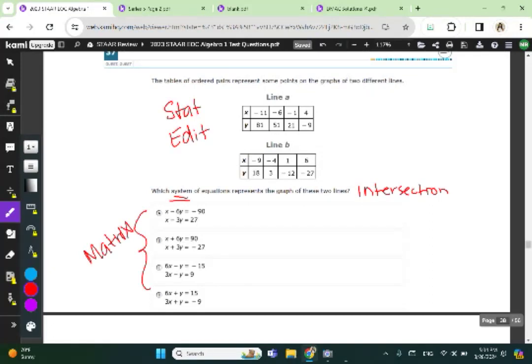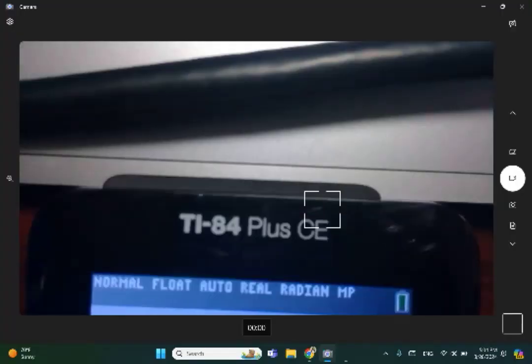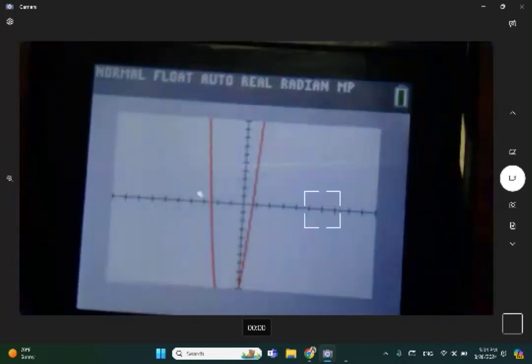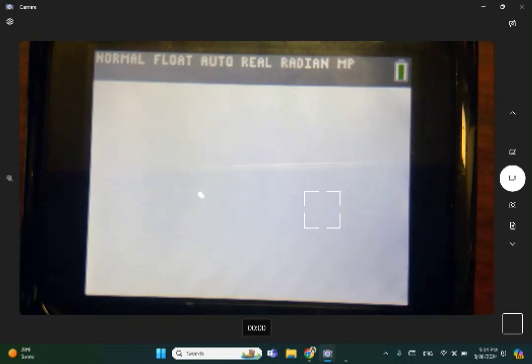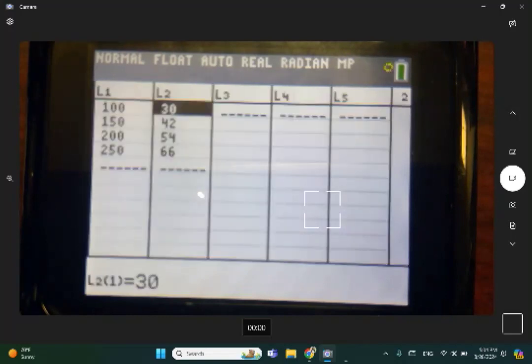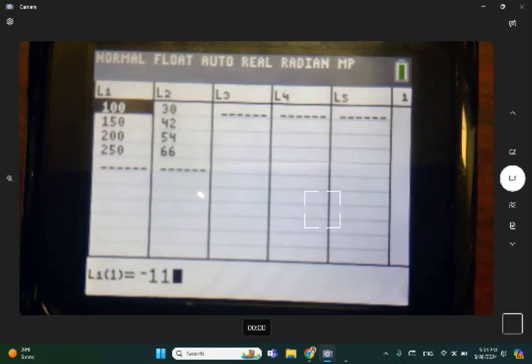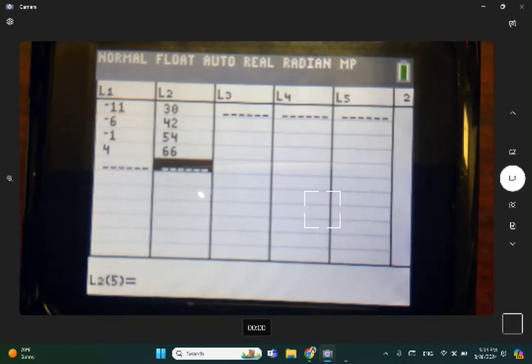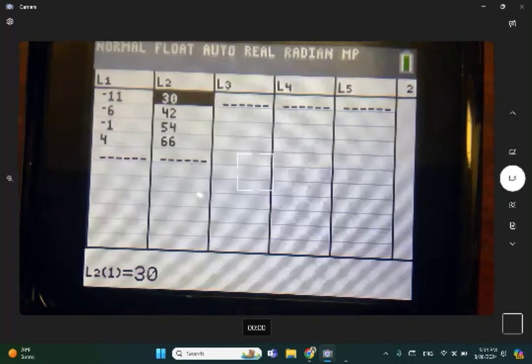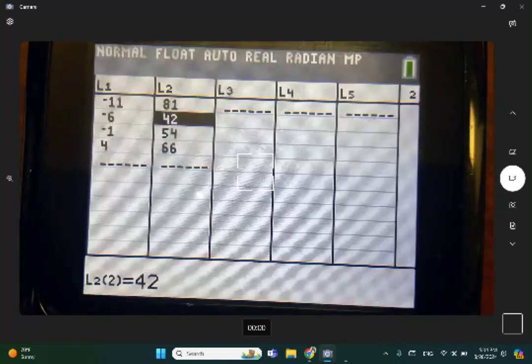So first thing I'm going to do is use stat edit to find the equation of those lines, starting with the first table. I need to move this back. There we go, much better. So the first line, stat edit, -11, -6, -1, 4, 81.